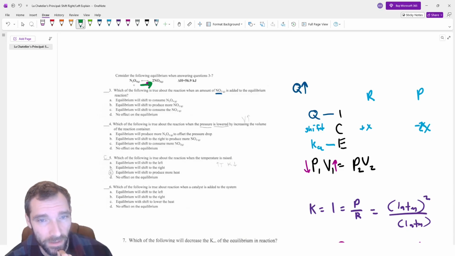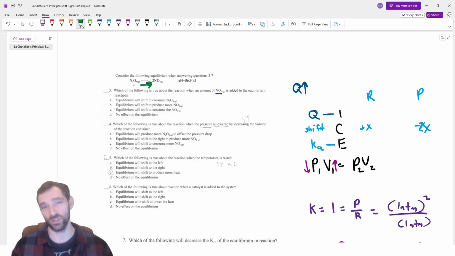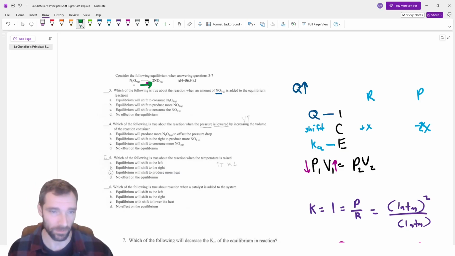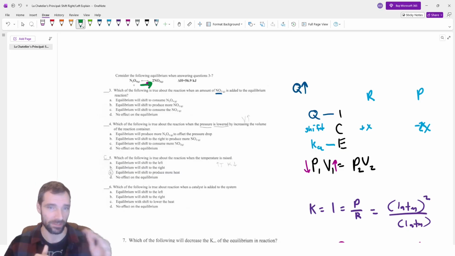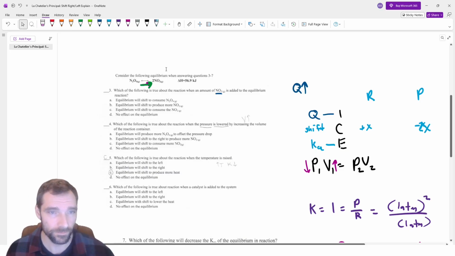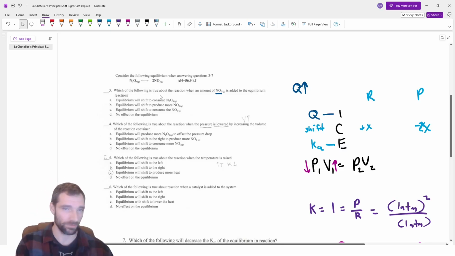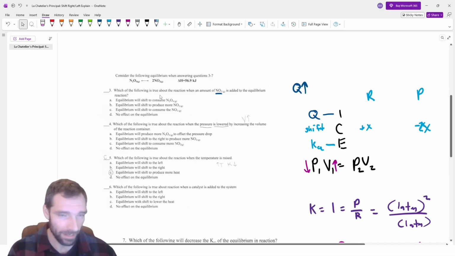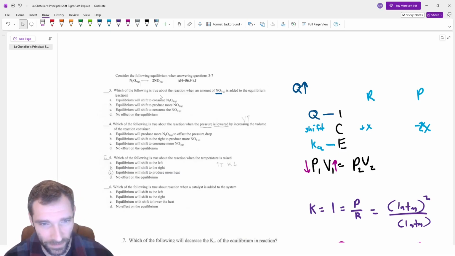It's a bit weird, but we've essentially changed Q in a different way when we're messing with pressure, as opposed to just directly changing the concentrations of the two things. I will highlight a pressure problem that goes the other way at the end of the video, but for now we're going to move on to temperature.